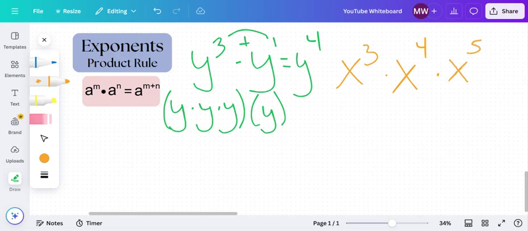So it's still the exact same rule. All of the bases are the same, x, x, x, which means we can just add our exponents all up to get our new exponent. So 3 plus 4 is 7, and 7 plus 5 is 12. So x to the third times x to the fourth times x to the fifth is x to the 12th.